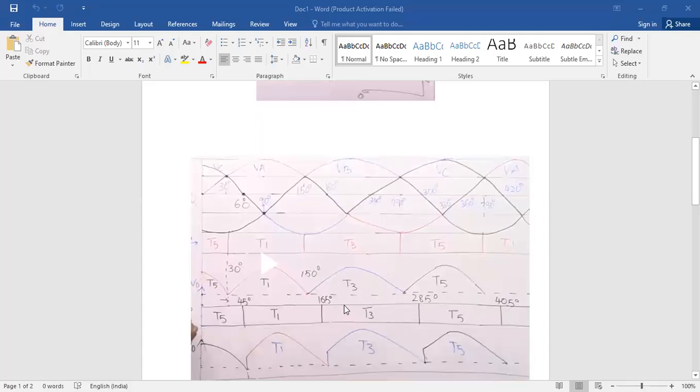So from this you can see that from 30 degree to 150 degree the T1 thyristor is on. This is the conduction sequence diagram.